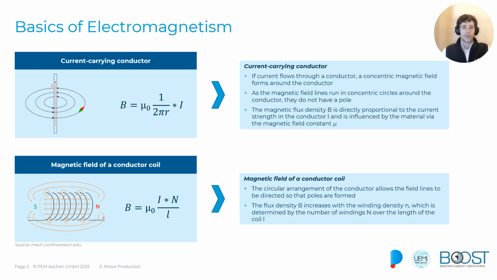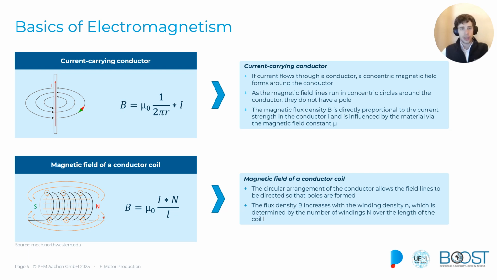This magnetic field has no poles, and the magnetic flux density B is directly proportional to the current strength in the conductor and is influenced by the material via the magnetic field constant μ.